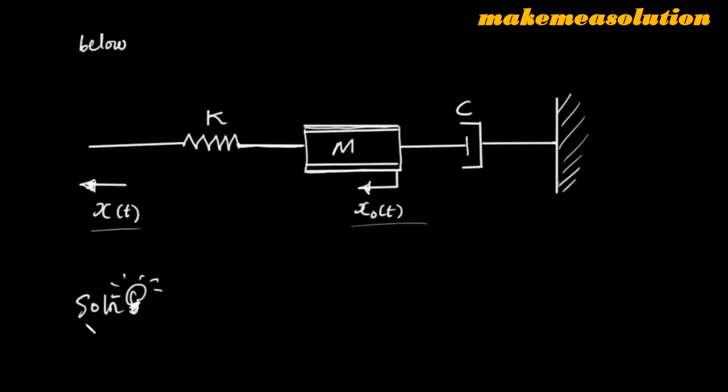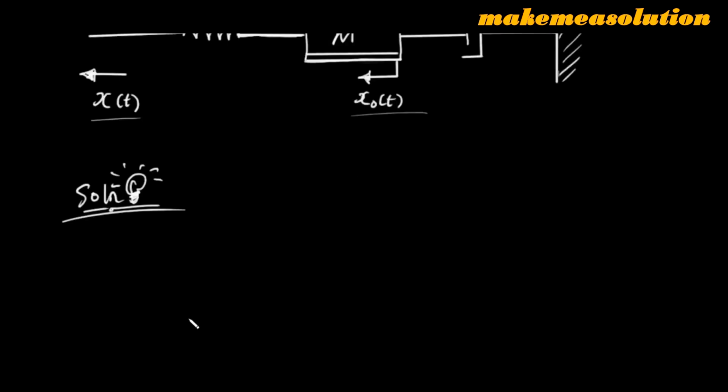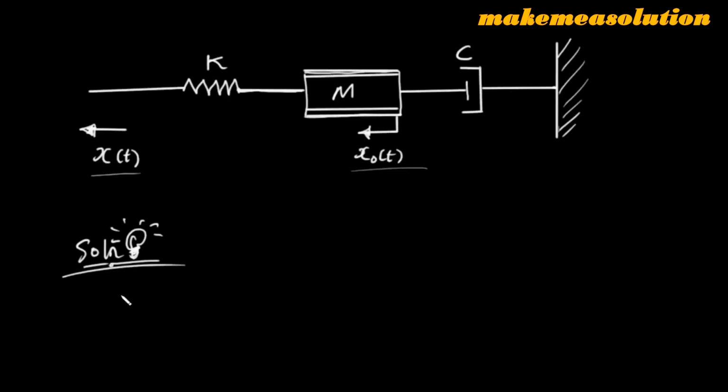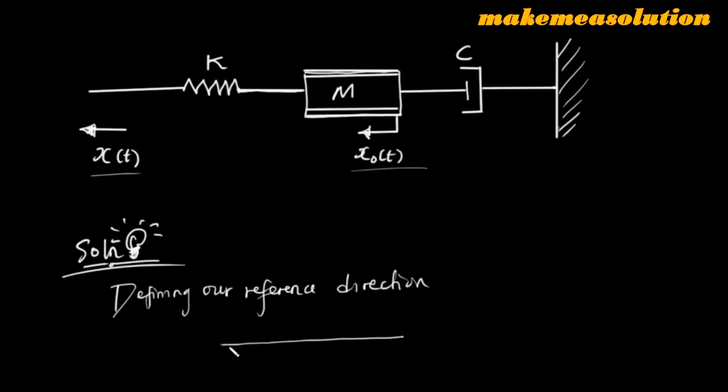So as usual, the first thing to do is to define your reference direction. So we are going to define our reference direction to be this way, positive. So motions to this side is positive.